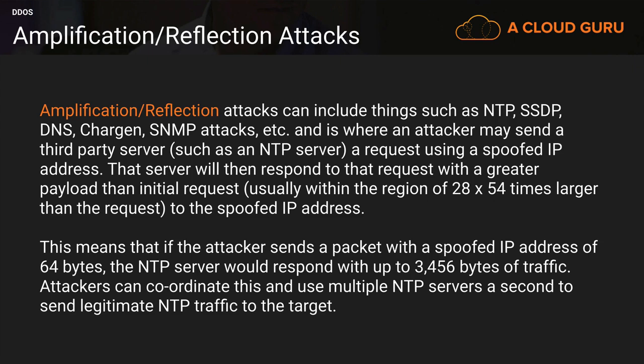So the attacker sends a packet with a spoofed IP address of about 64 bytes, and the NTP server would then respond with up to 3,456 bytes of traffic. So you are both amplifying and reflecting an attack, because you're spoofing the IP address of the victim that you want to receive all this traffic. Attackers can coordinate this and use multiple NTP servers a second to send legitimate NTP traffic to the target.